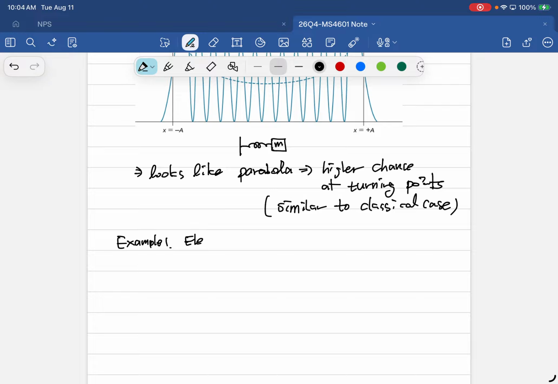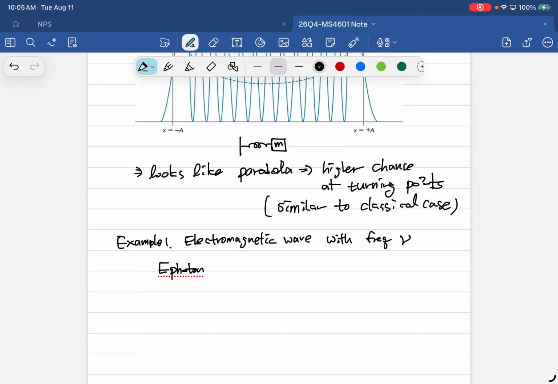So the first example of a harmonic oscillator is an electromagnetic wave with a specific frequency.